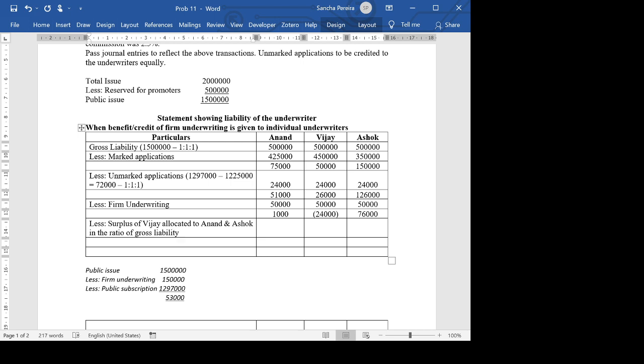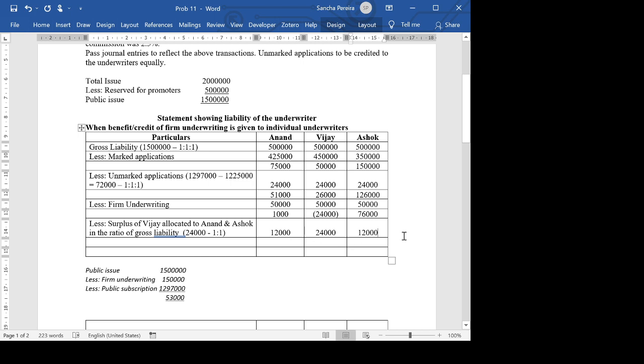So if I divide 24,000 in the ratio of 1:1, I will get 12,000 and 12,000.